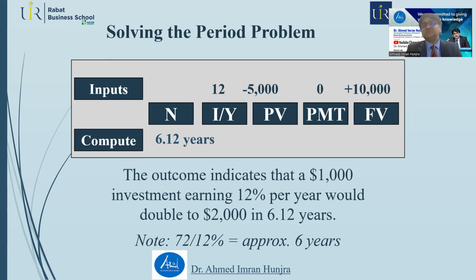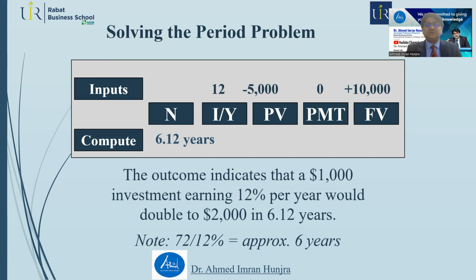The rule of 72 suggests the value is 6 years. The number of time periods is 6 years if the rate of return is 12% and our investment today is 5,000. So it will take 6 years to grow it to 10,000, meaning double the basic investment. So this is the time value of money calculator.